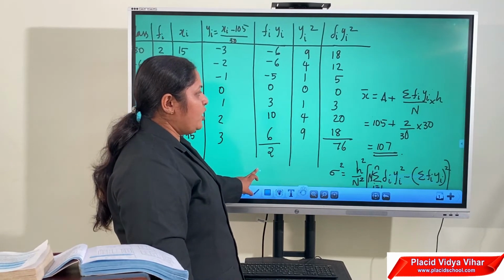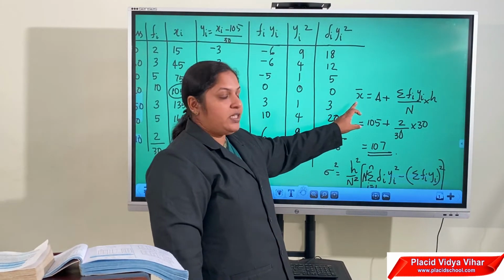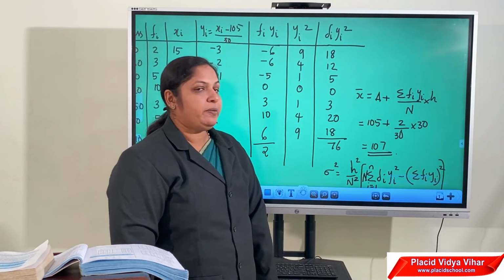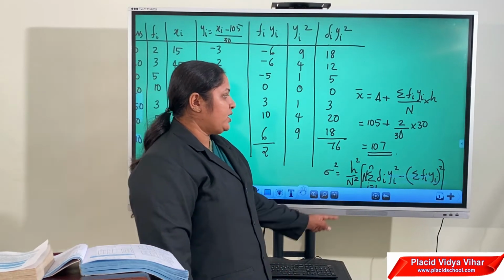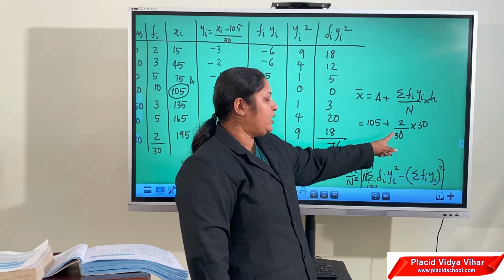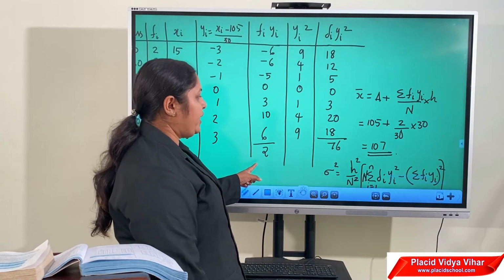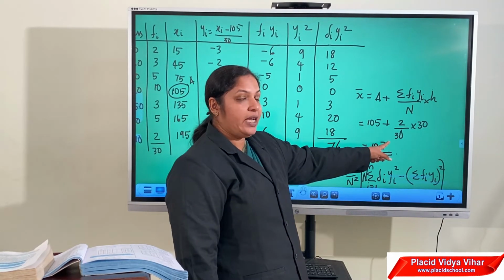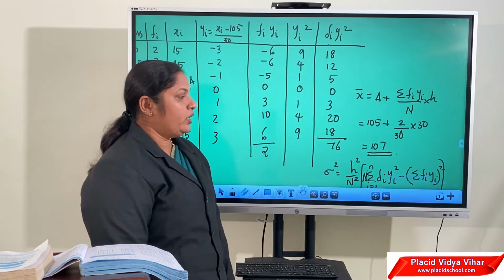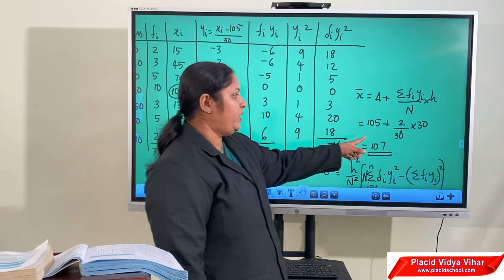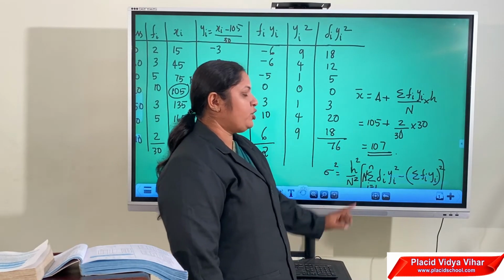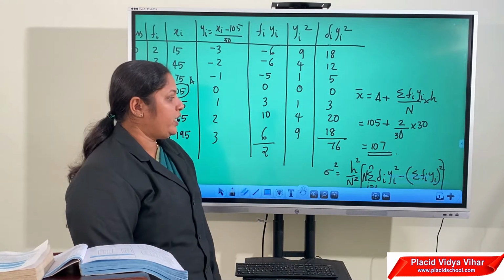Now finding out the mean, it is assumed mean plus sum of Fi yi divided by capital N into h, that is 105 plus 2 by 30 into 30. 2 is the sum of Fi yi, capital N is 30 and the interval width is also 30. So these 30 and 30 will get cancelled, and 105 plus 2, we get the mean as 107.